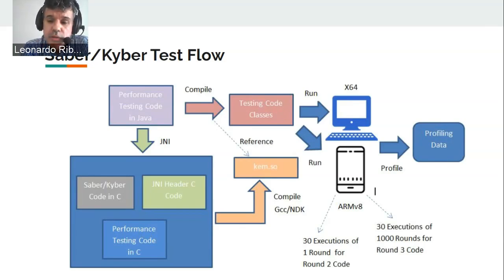The first test we did was to test the round 2 code of Saber and Kyber, and the second test was to test round 3 code for both Saber and Kyber. After that, we ran the tests and collected the profiling data.